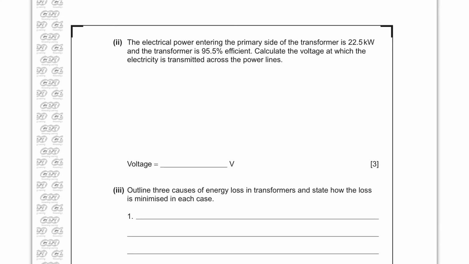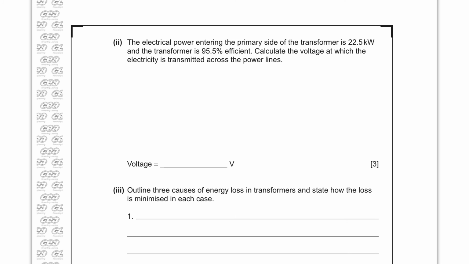The electrical power entering the primary side of the transformer is 22.5 kilowatts and the transformer is 95.5% efficient. Calculate the voltage at which the electricity is transmitted across the power lines. Okay, so we need Vp Ip times 95.5%, giving you Vs Is.